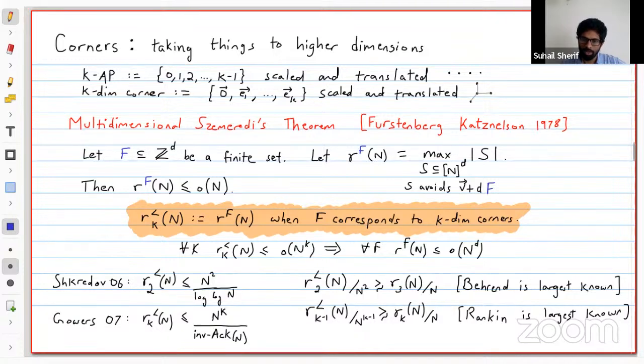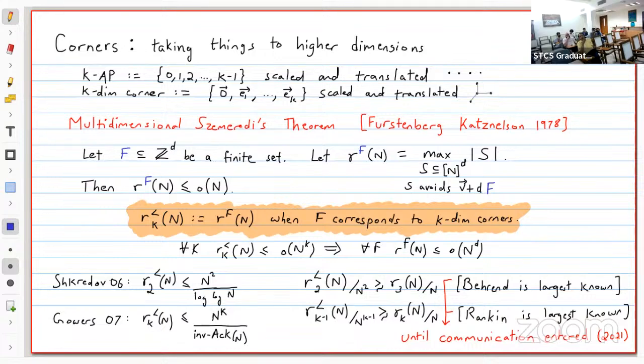And similarly for Rankin, the largest k-1 dimensional corner-free set basically came from k-AP-free sets. That was until communication complexity entered the picture, just a couple of years ago. So for a long time, as far as constructions were concerned, we didn't have a separation between APs and corners.